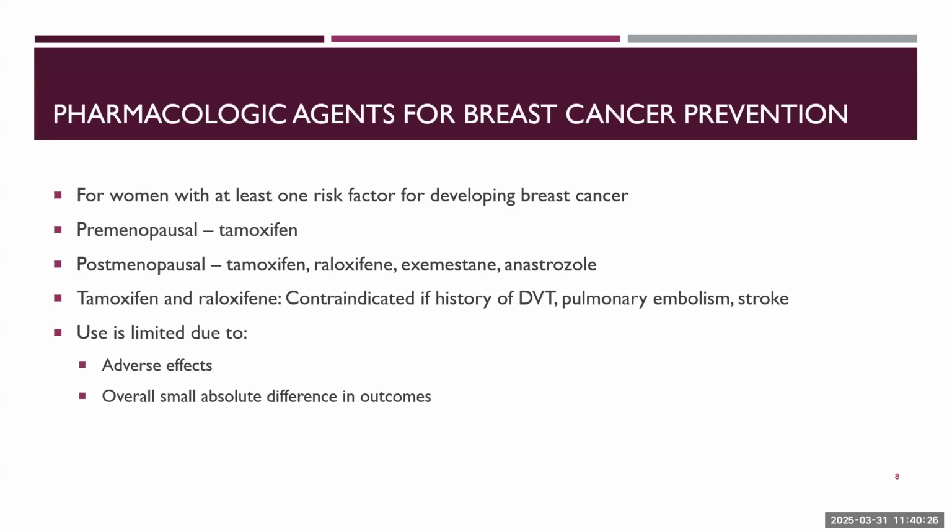Specifically for tamoxifen and raloxifene, this is contraindicated if they have a prior history of a DVT, pulmonary embolism, or stroke. However, the use is pretty limited for breast cancer prevention because the side effects can affect their quality of life, and it has an overall small absolute difference in outcomes. But for certain patients, you can consider doing breast cancer prevention by using these endocrine therapy agents.